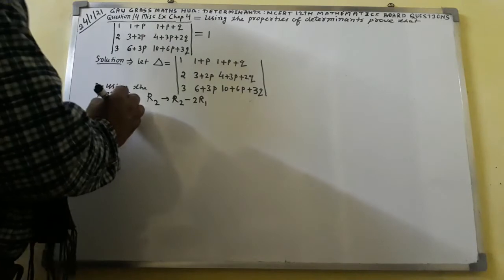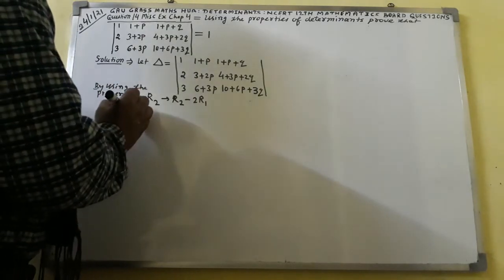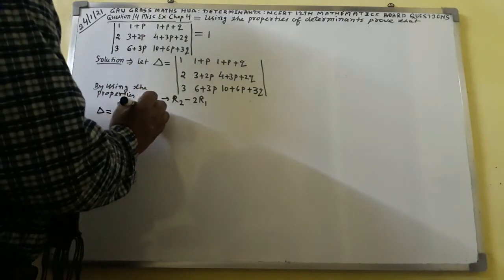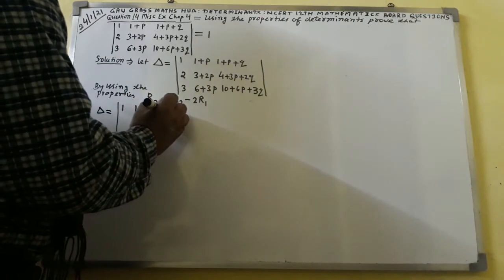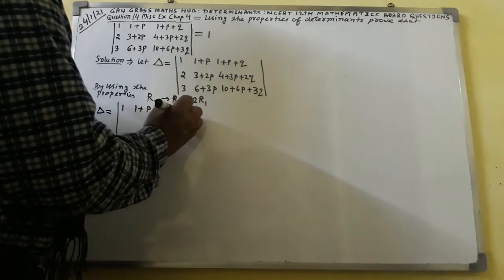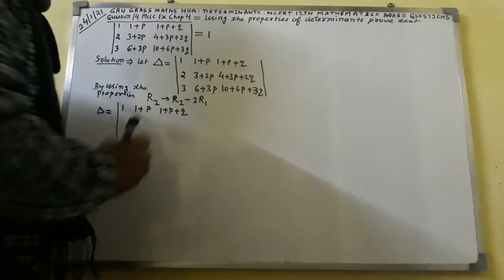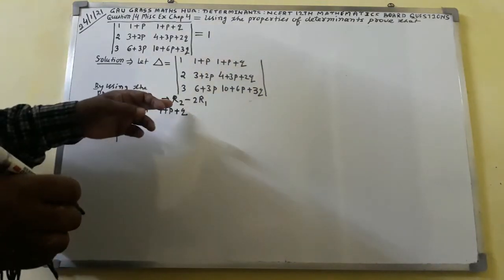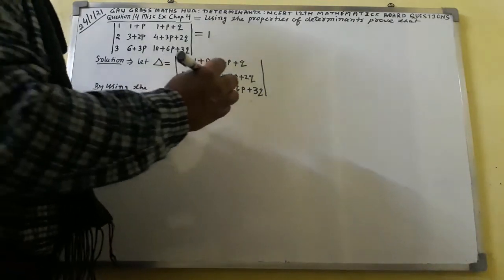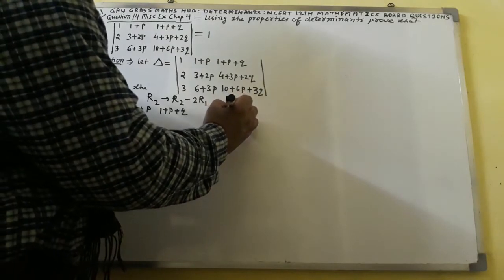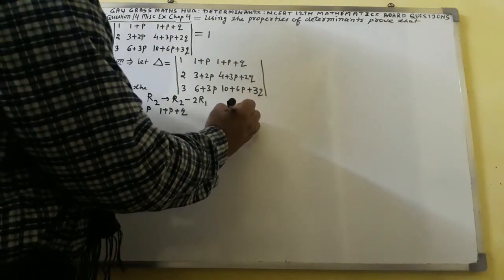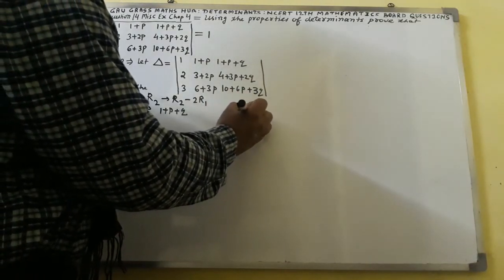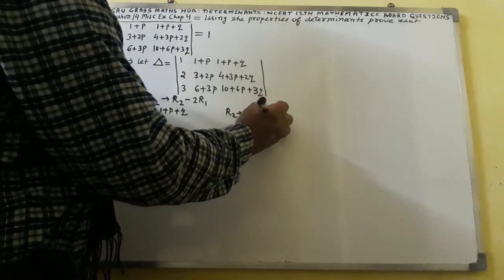So here I shall write first row as it is, 1, 1 plus p, 1 plus p plus q. In second row, here I shall do the rough work. R2 goes to R2 minus 2 times R1.